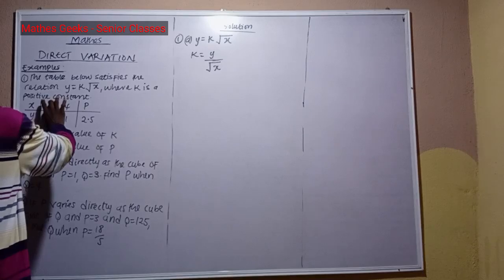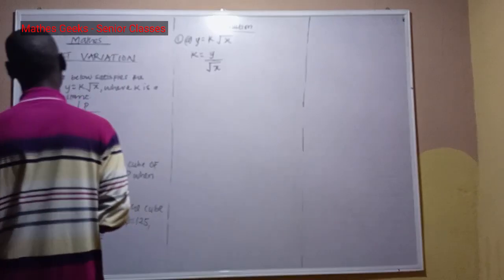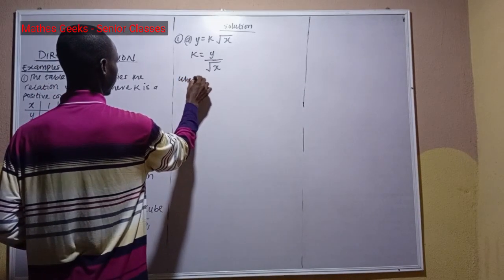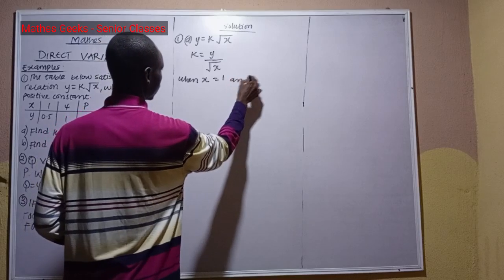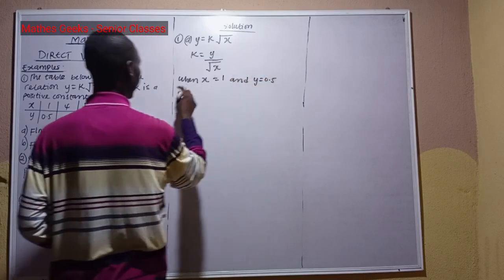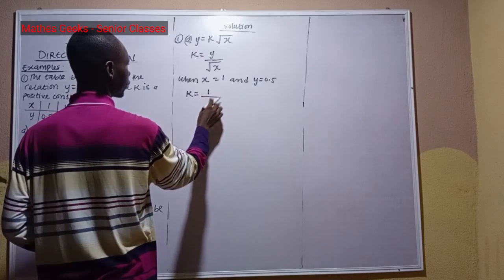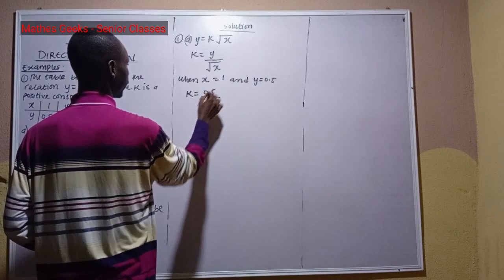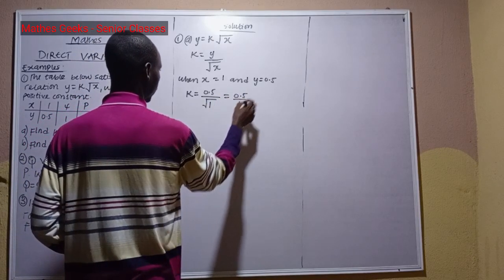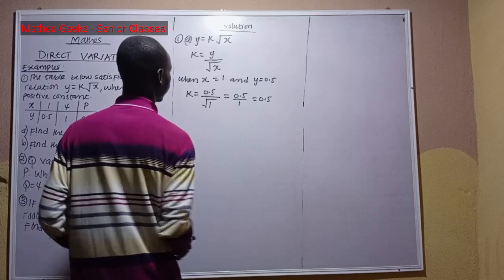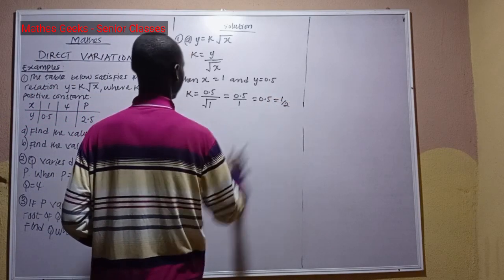We can pick from here or here. So let's pick from here. When x is equal to 1 and y is equal to 0.5, k is equal to 0.5 over root 1, that's 0.5 over 1. So k is equal to 0.5, which is also equal to 1 over 2.